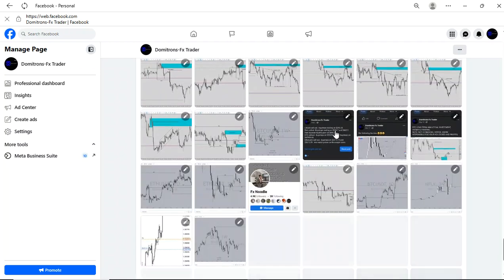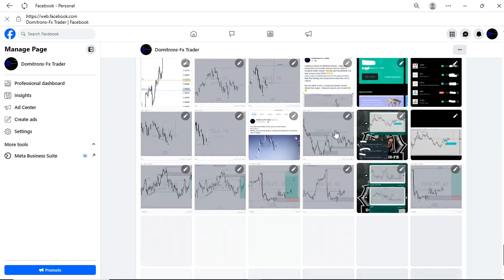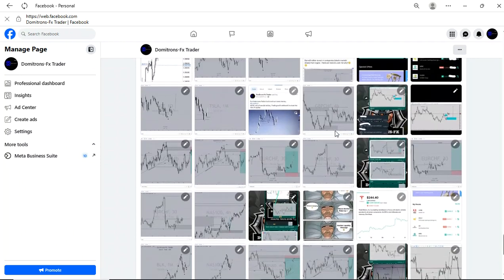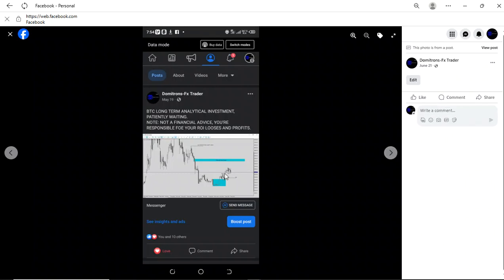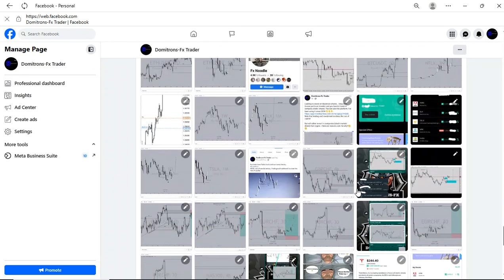And yeah, so you can actually see that it belong. Yeah, I have one right here. So this is right here. And long-term analytical investment, May, that was in the month of May, and I said this is the bullish order block I wanted to buy from. So let's keep scrolling downwards. I think I'll find it. So this is right here.